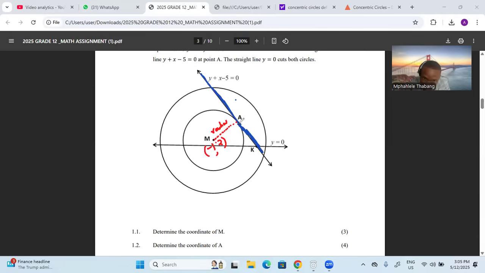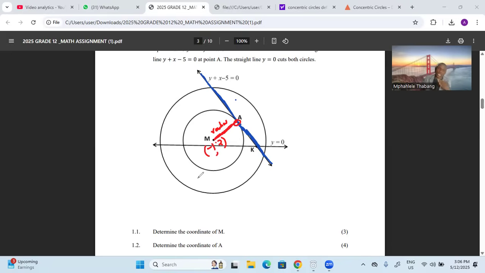This is the line of tangent, and it is intersecting with the line of the radius. So A is the intersection point of these two lines. So we can find the coordinates of A by viewing it as a point of intersection. How do we find the point of intersection? We equate the two equations.